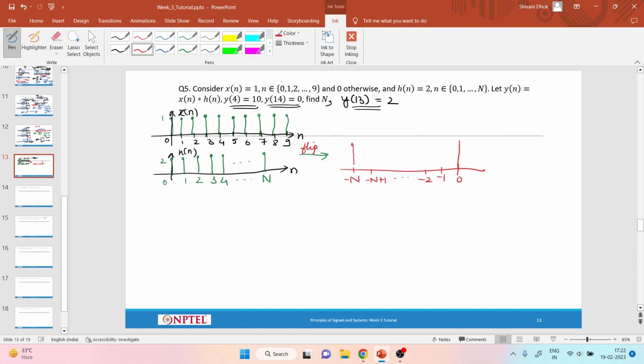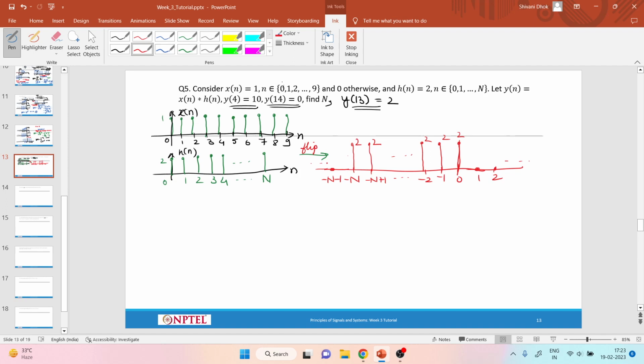I'll be having a value of 2 here, here, and so on. But at 1 I'll have 0, 2 also 0, and so on. So this is what I'll be getting when I flip it. Here also for minus n minus 1 I'll be getting a 0, and that 0 will continue. So this is what I am getting.